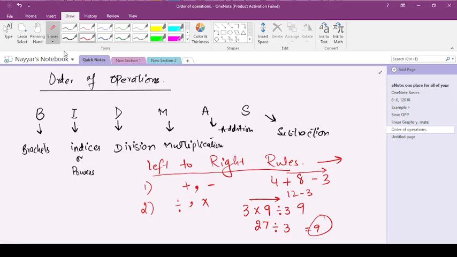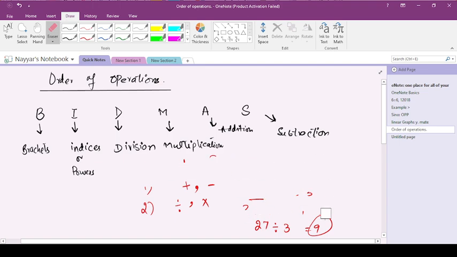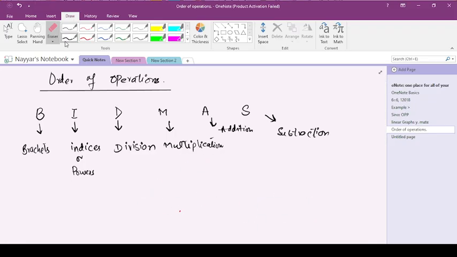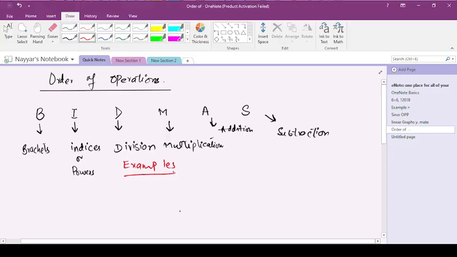Okay, so now let me explain with a question how you're going to apply the BIDMAS order. Suppose you have the question 9 times 9, plus 7, plus 54 divided by 9.